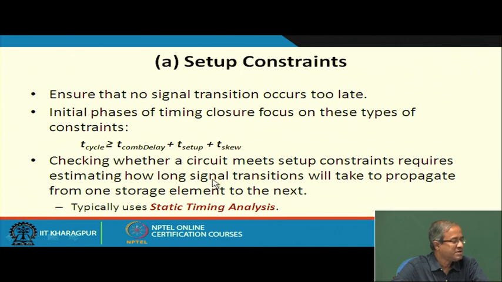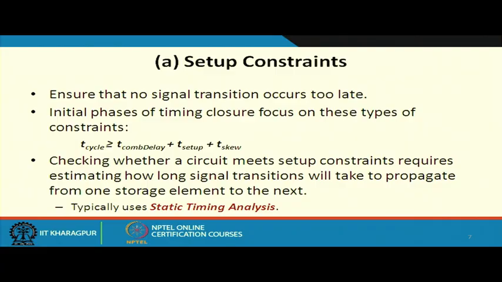So how long will signal transitions take to propagate across the combinational circuit, from one storage element to the next? The registers are placed in stages and there are combinational circuits in between. We need a good estimate of the delay of the combinational circuit.